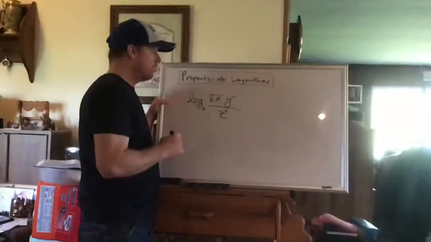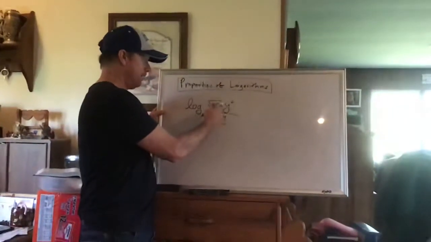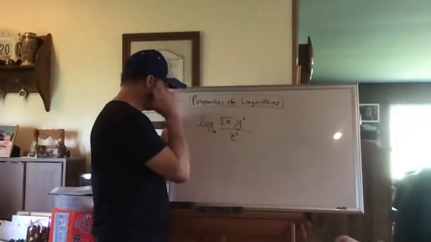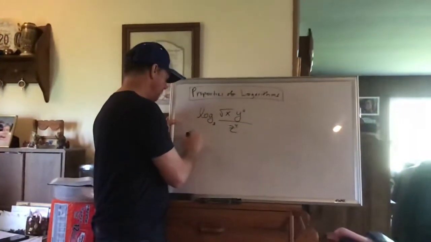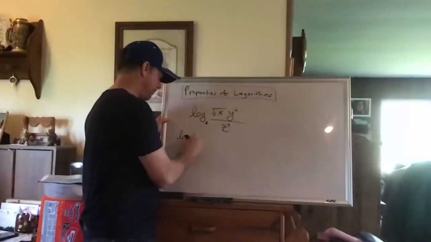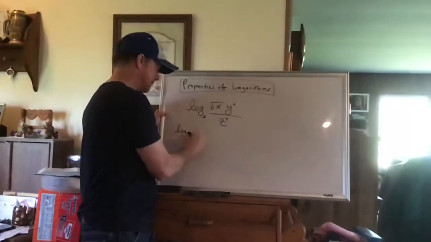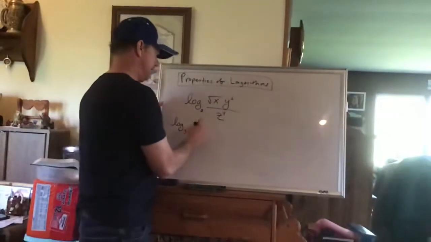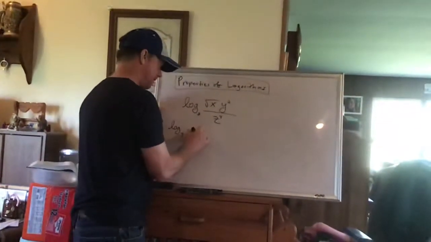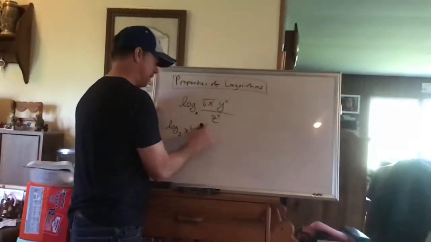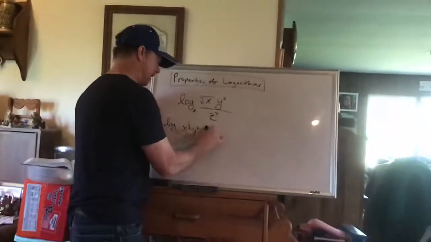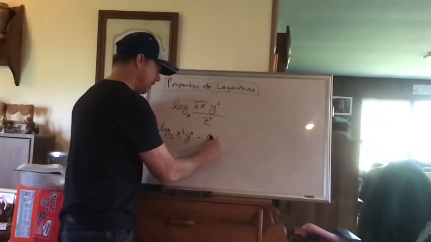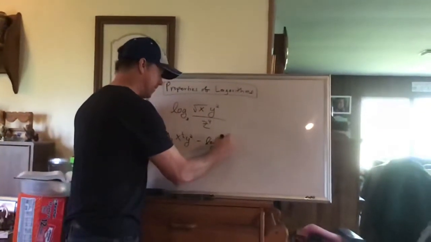Up here, square root of x, y squared, that's a product, and then I've got a quotient too. So I'm going to write the square root of x as x to the 1/2, y squared, being very methodical here, minus, I send division to subtraction, log subscript 3 of z to the 4th.